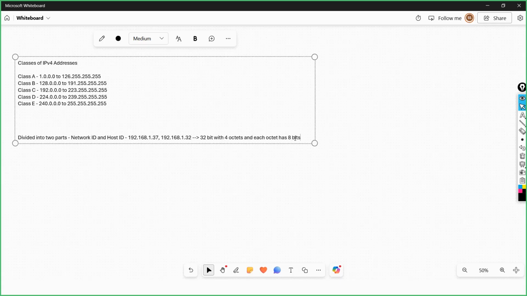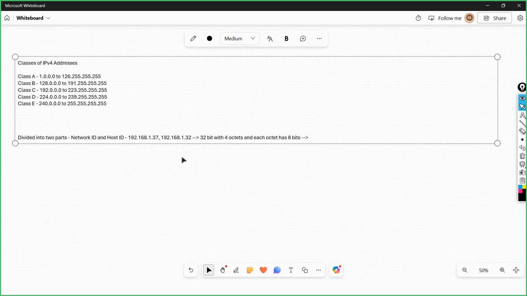And bits are a combination of zeros and ones. So if you want to know how many networks can be defined in this range, in Sohail's network, you simply say 2 raised to 8, which is equal to 256. So you can define 256 networks in this class C range.